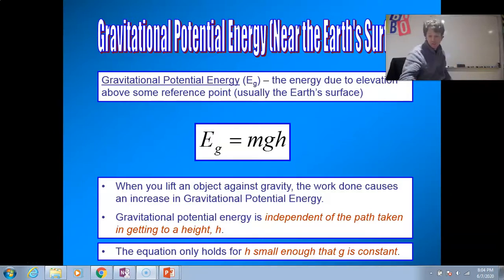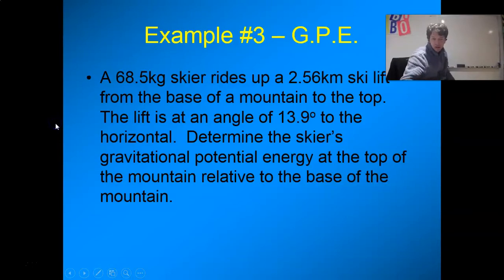All right, so moving on. PowerPoint's not working. Okay, let's try the first example on the back. So in this example, a skier rides up a ski lift from the base of a mountain to the top.